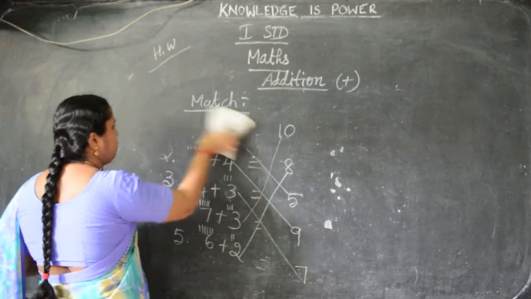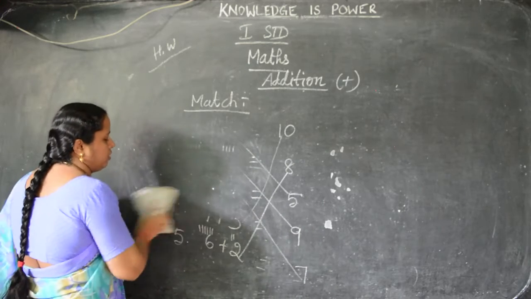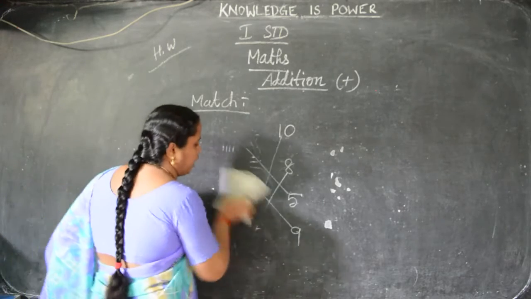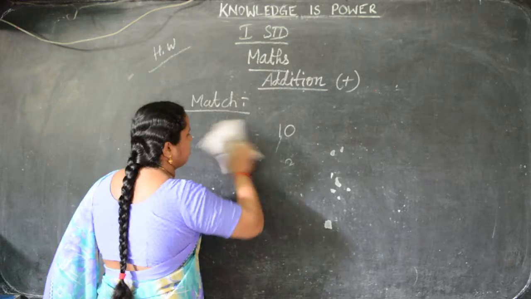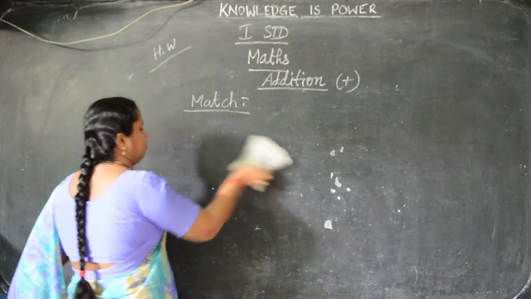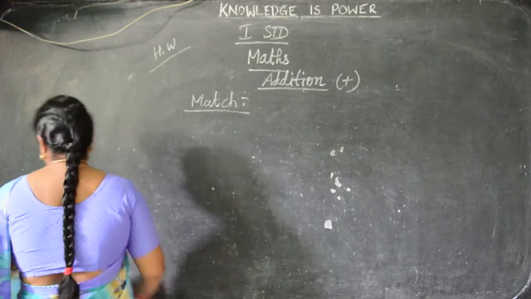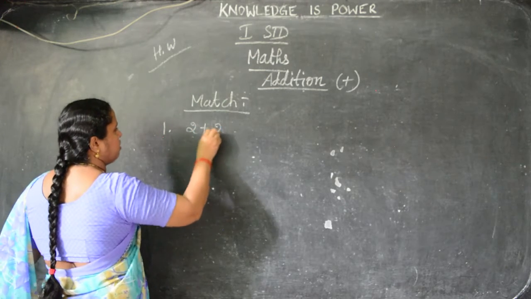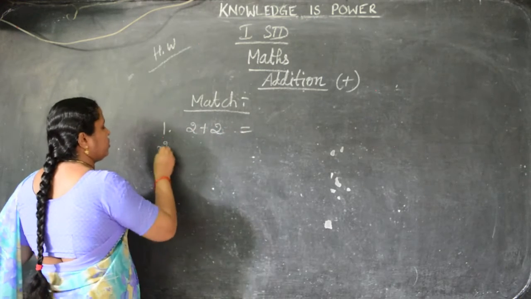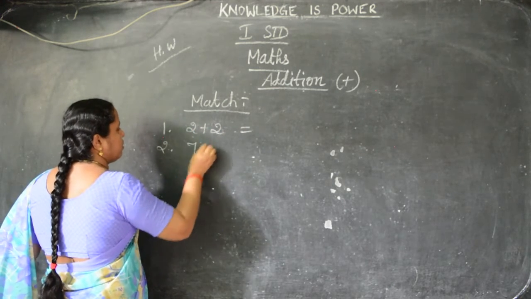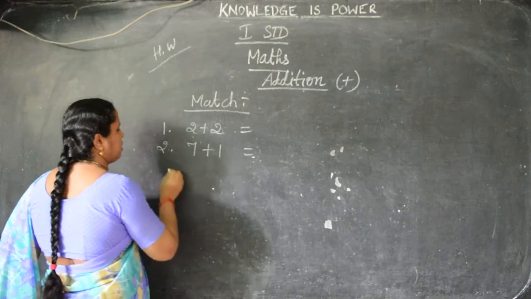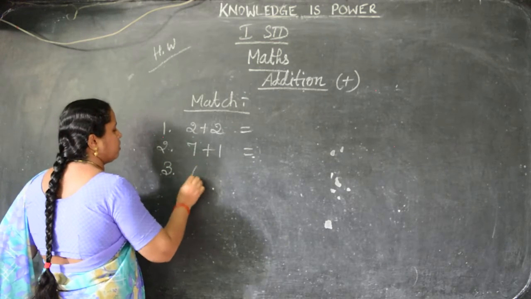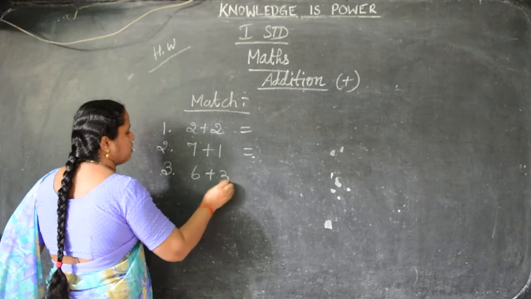Next I give you homework. You should do yourself. Okay. Take your note and write, children. This is homework. Match. First one. 2 plus 2. Second one. 7 plus 1. Third one. 6 plus 3.